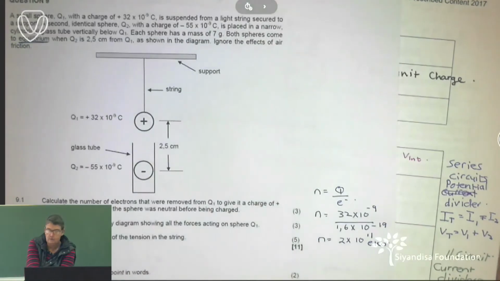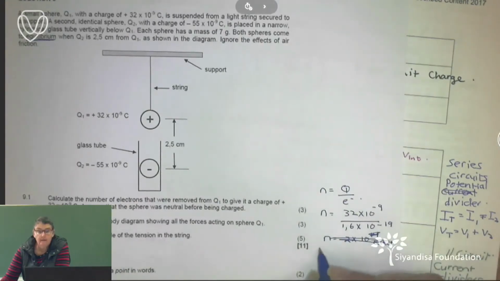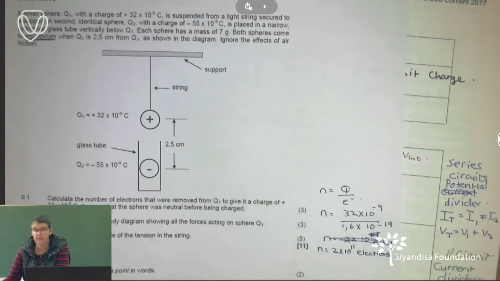Let's just rewrite this. N is equal to 2 times 10 to the 11 electrons. There we go. Right. So that was quite easy.